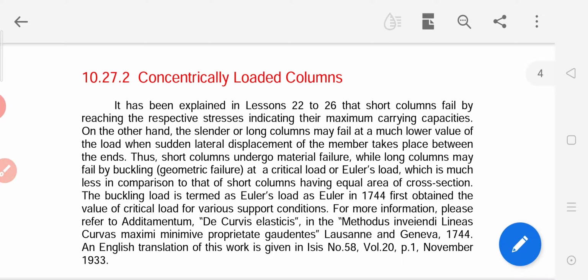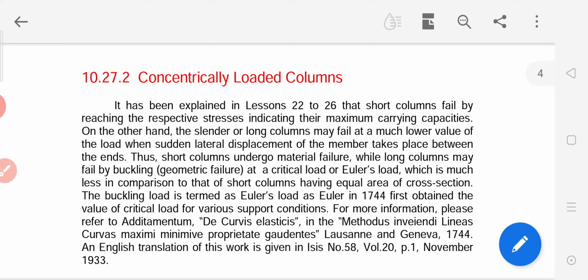Thus, short columns undergo material failure while a long column may fail by buckling at a critical load, also called Euler load, which is much less in comparison to that of a short column having equal area of cross section. The buckling load is termed as Euler load.